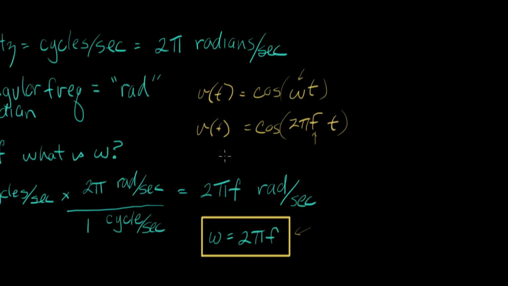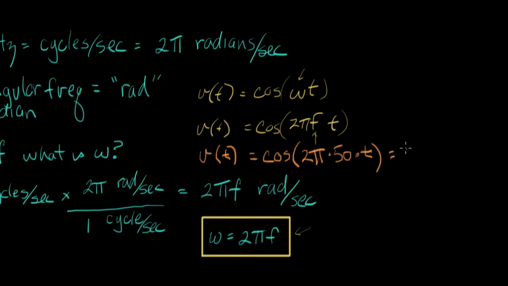So if we take the example from earlier in the video, we had a signal that was 50 hertz, or 50 cycles per second. So we would write that here like this. We'd say V of t equals cosine 2 pi F, and F is 50, times t.